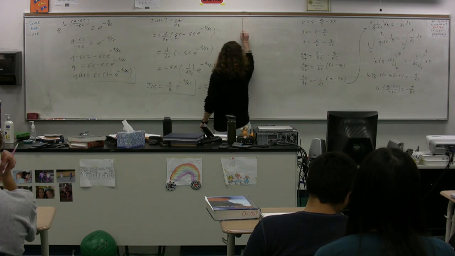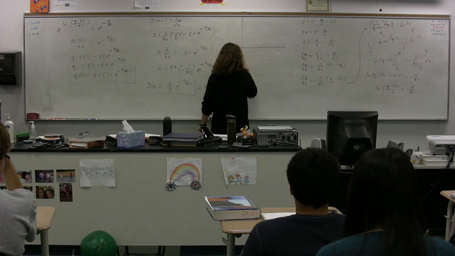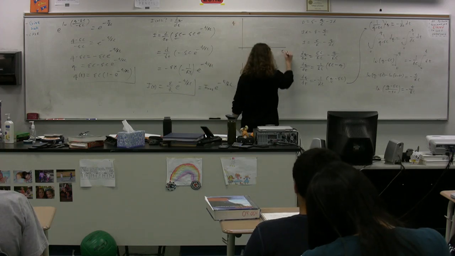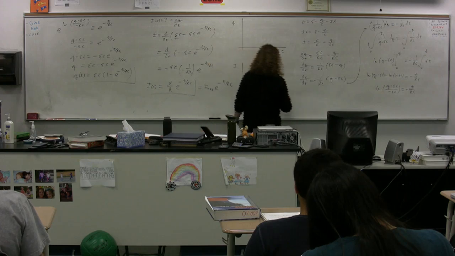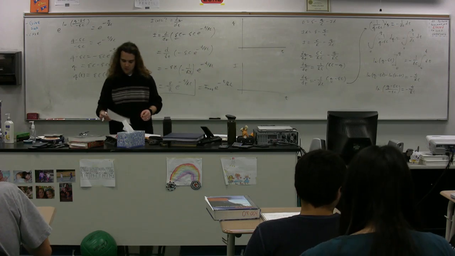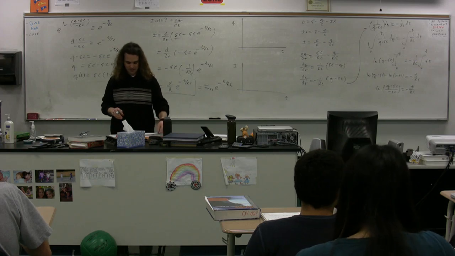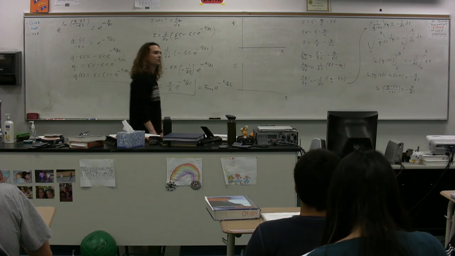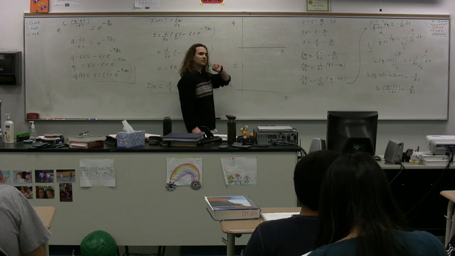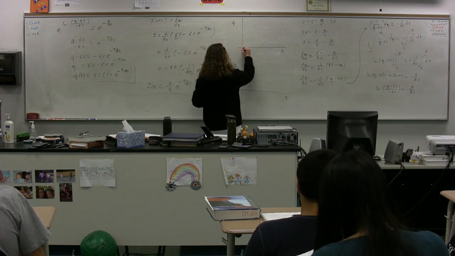We should also identify what these look like in terms of graphs: the charge as a function of time and the current as a function of time. Please give me what the graph of the charge is going to look like. Where did the charge start? At 0. Where does it end?